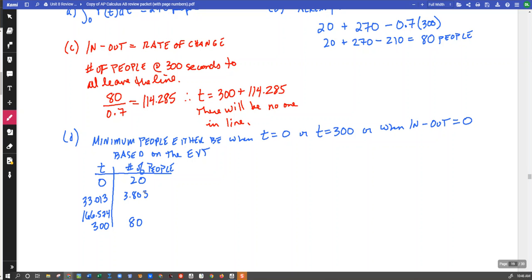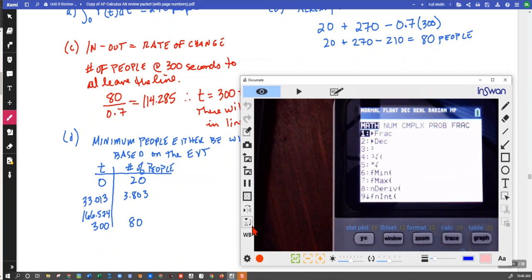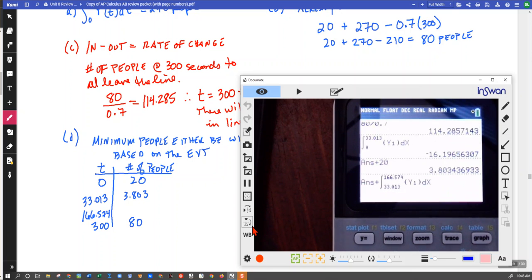Then I can check out the other portion and ask, what about that number? Plus how many people changed from 33.013 up to 166.574 of my in minus out rate.